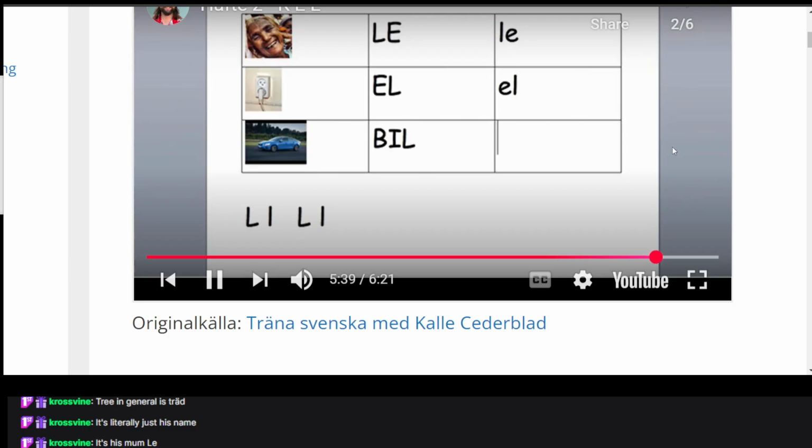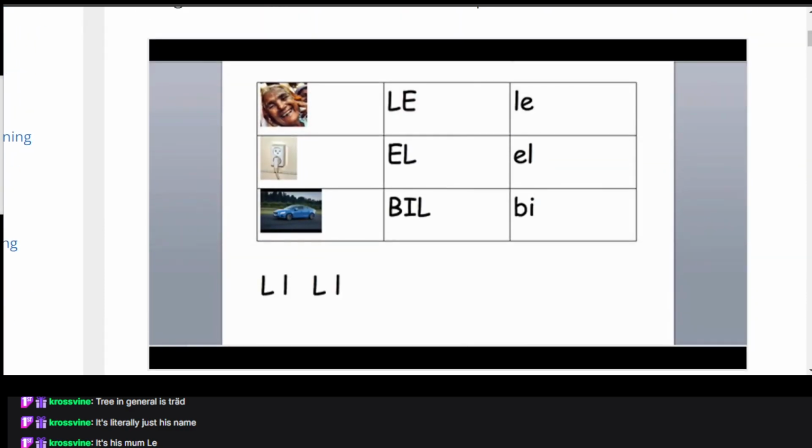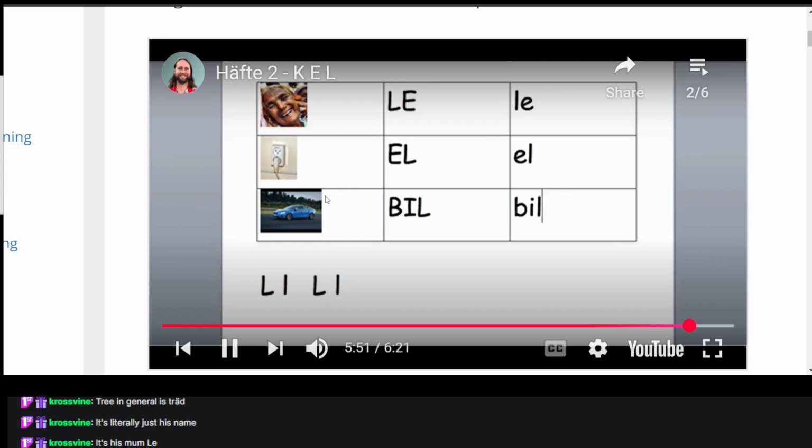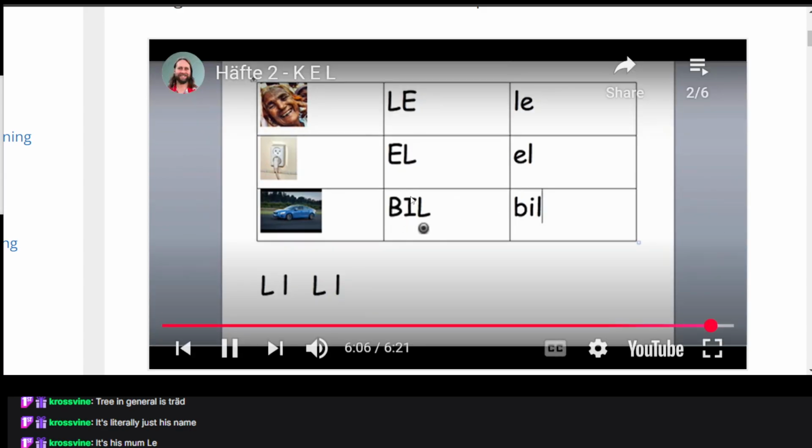E. I. L. Bil. Vi läser en gång till. Le. El. Bil.